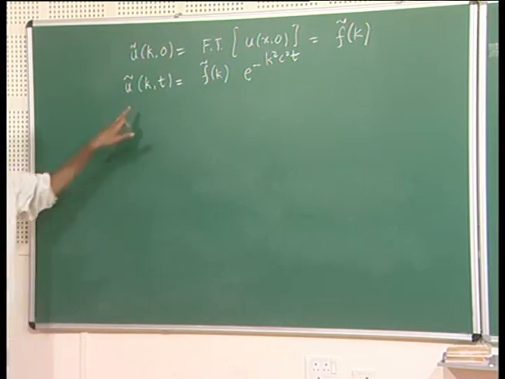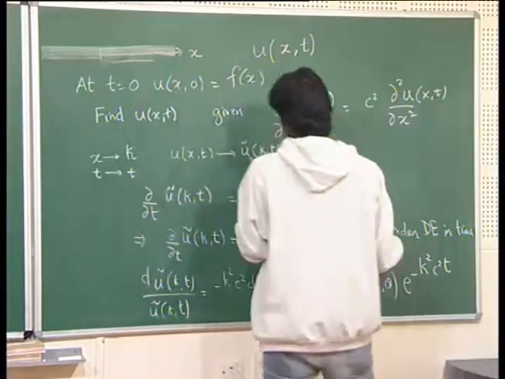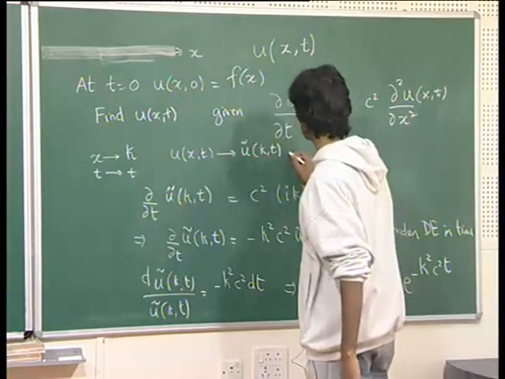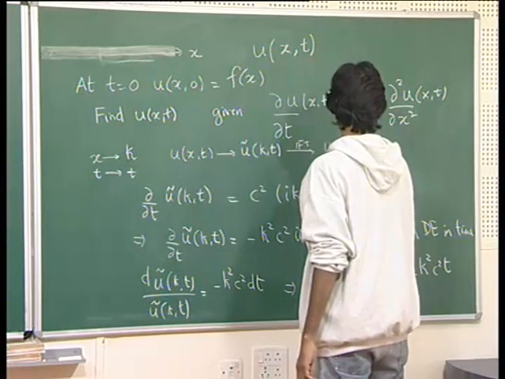Now, what you wanted was u of x, t, but what you got is u tilde of k, t. To go from u tilde of k, t, you just take an inverse Fourier transform to get u of x, t.